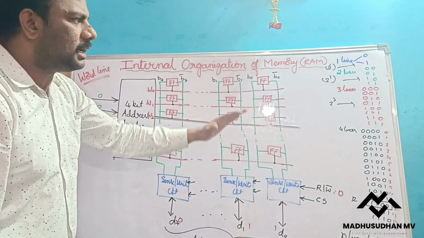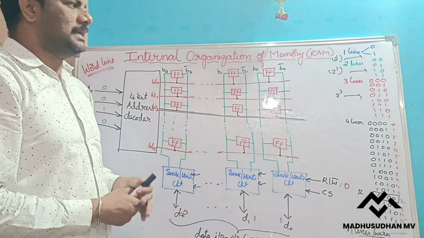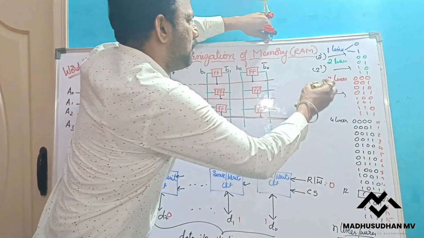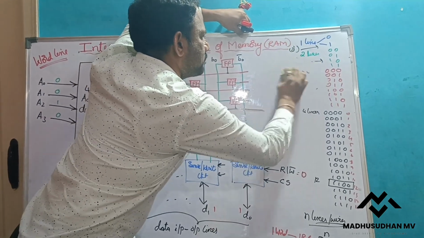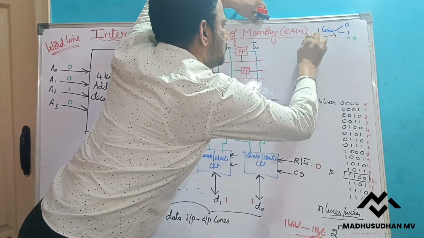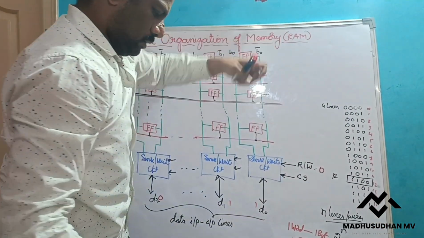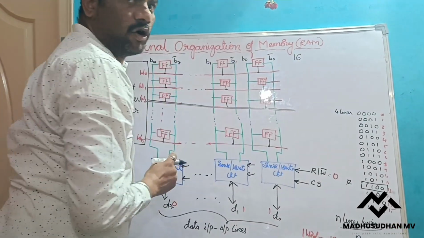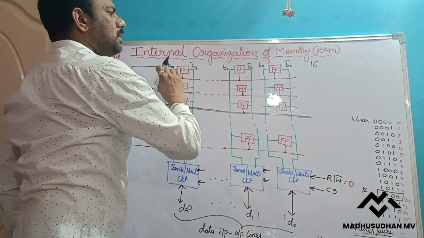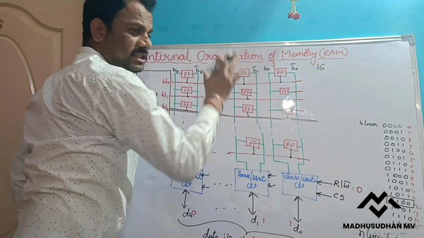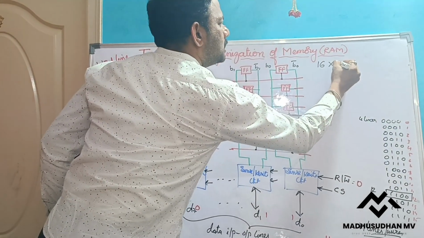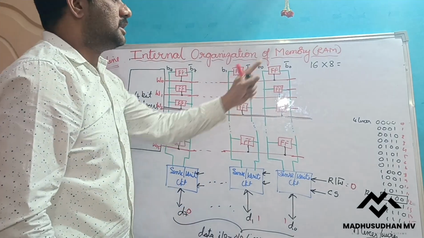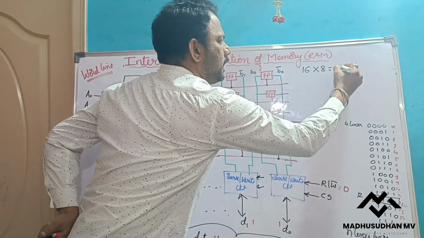Now here, totally how many words are we having? 16 words. And in each word, how many bits? 8. So 16 into 8 is equal to what? 16 eights are 128.